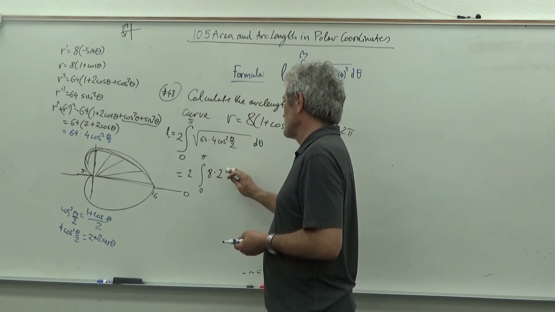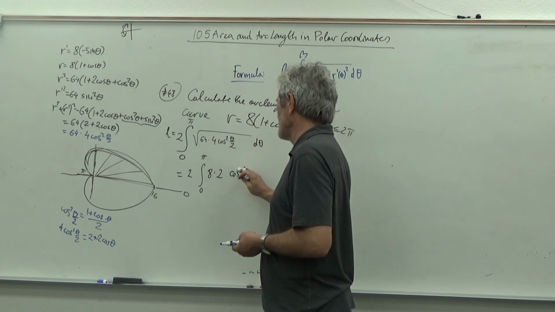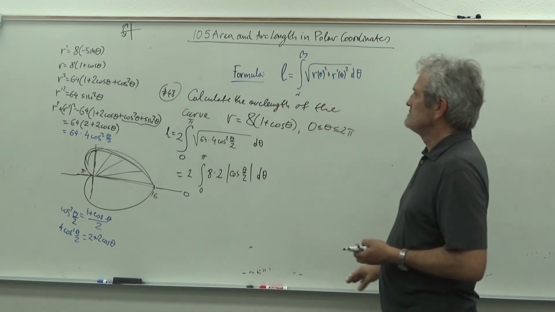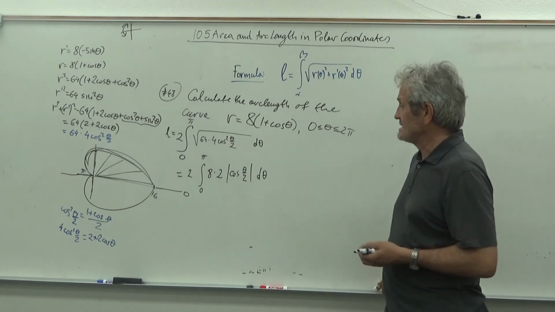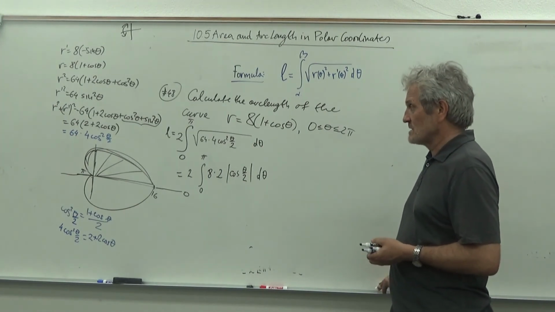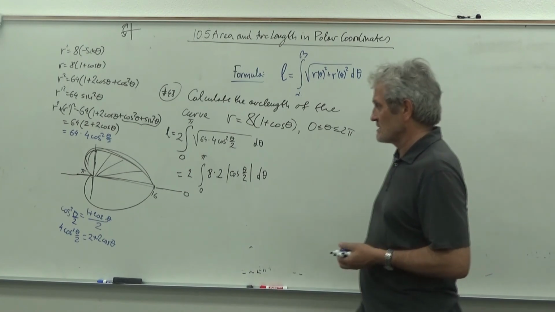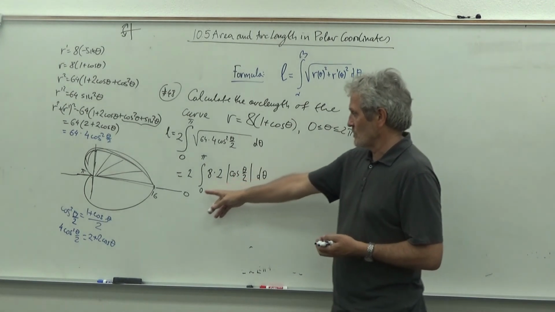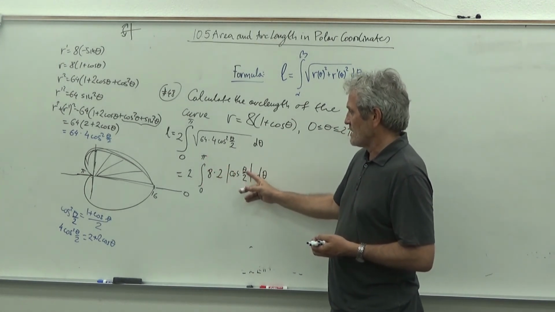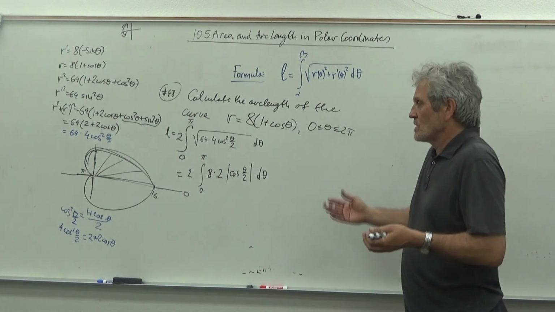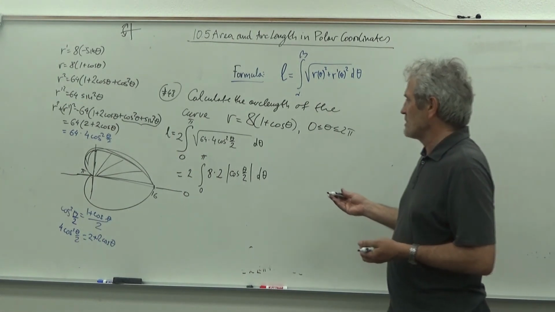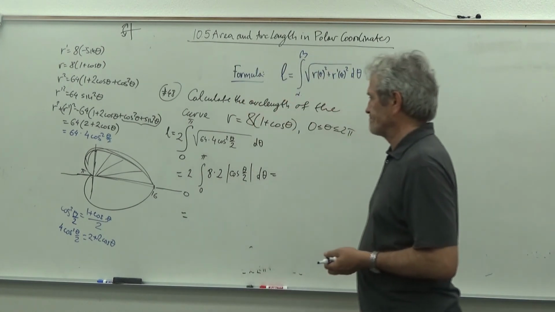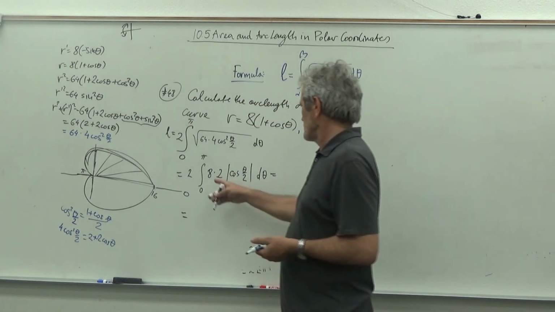The square root of cosine squared theta half is cosine theta half, with an absolute value. Now you see why it was good that we reduced ourselves from 0 to pi and doubled it. Because now theta half goes between 0 and pi over 2, cosine is positive, so we don't need to worry about the absolute value sign.